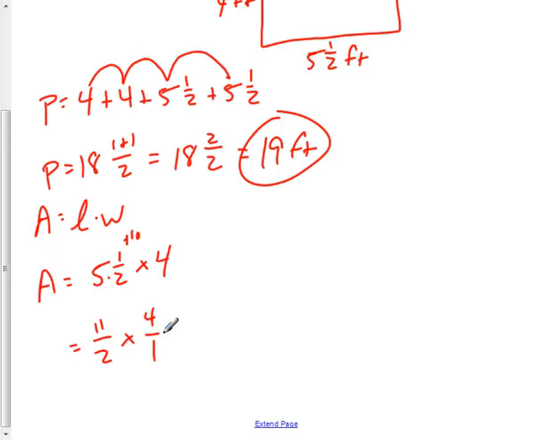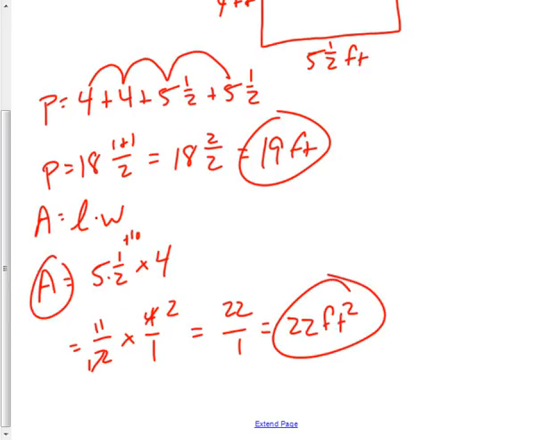Let's write that as an improper fraction as well. Let's change the 4 to a 2, and let's get rid of the 2, make it a 1. So I'm going to be left with 22 over 1, which is equal to 22. Now let's think about our units here. We're talking about area, so we're going to say 22 feet squared, and that's our final answer.